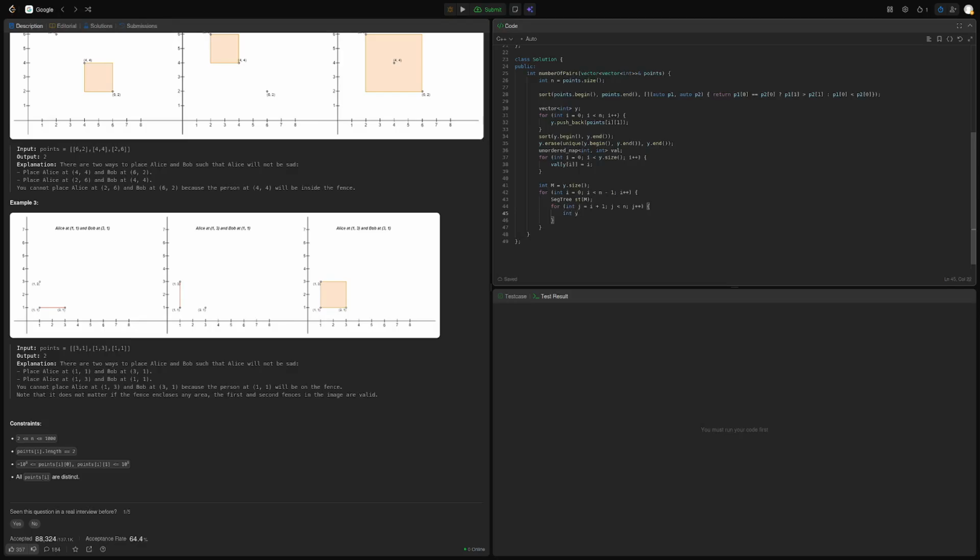So int y1 points I1, no, val of that, nice, and then int, oh shit, points j1, great.